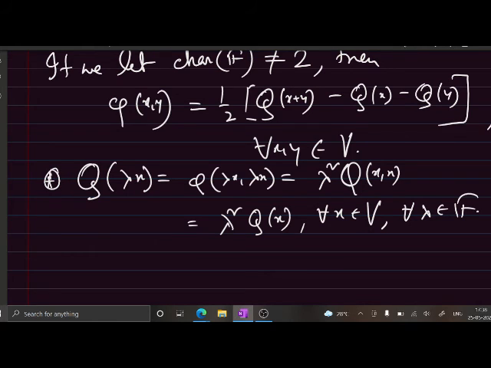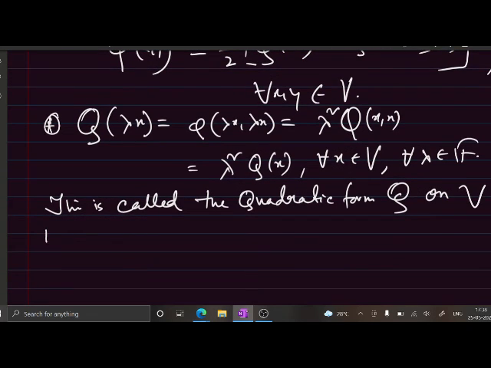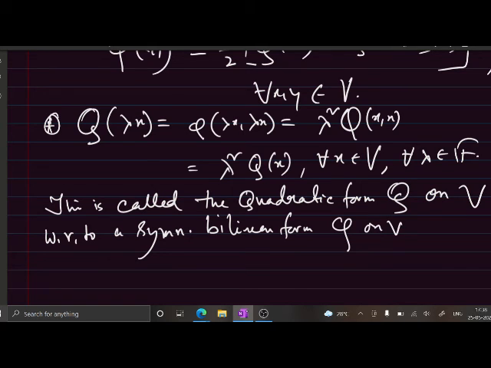Okay, so this is called the quadratic form q defined on a vector space V with respect to a symmetric bilinear form phi on V.